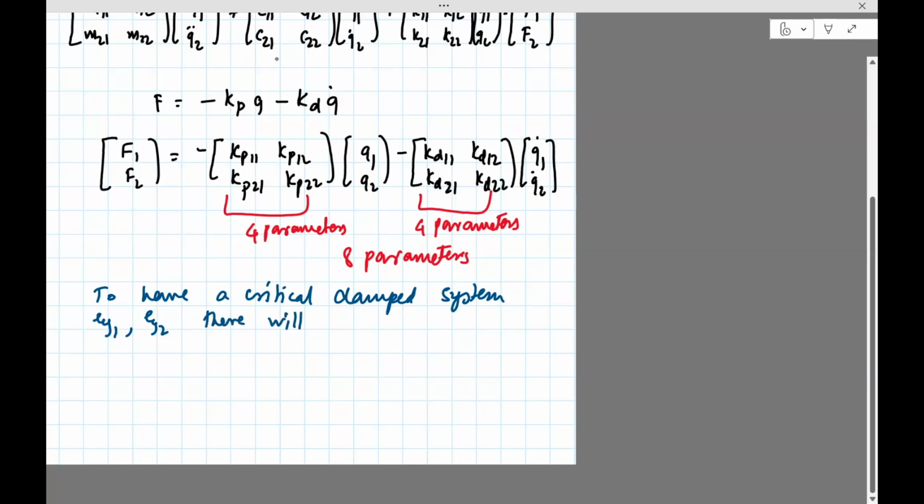There will be 2 equations. Okay? So 8 parameters, 2 equations, and that's where the problem is. If you have 2 equations to solve for 8 parameters, then 2 can be determined from those two equations, but there are 6 free parameters.